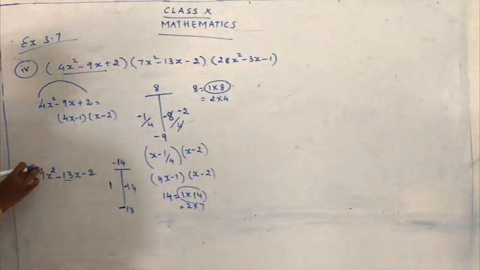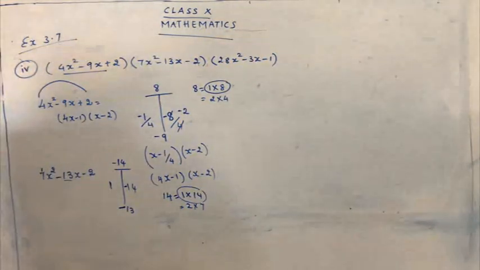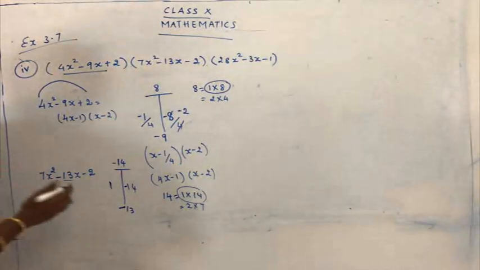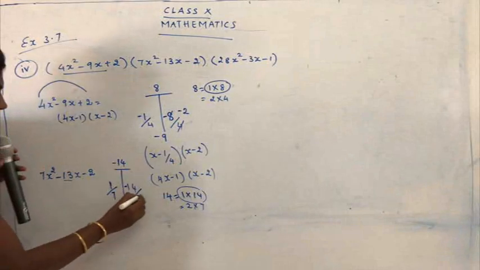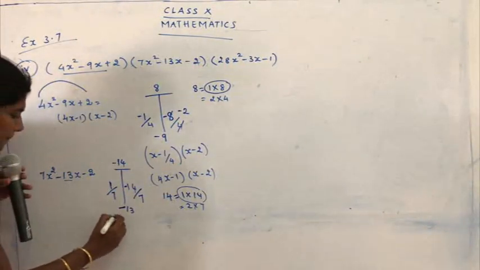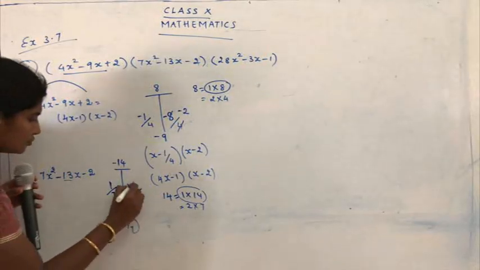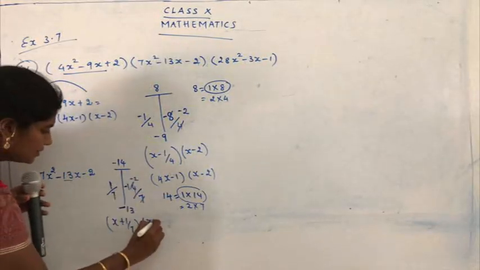So now what's the variable used here? It's x. Before we use the variable, just see the coefficient of x square. What's the coefficient of x square? It's 7. So we have to divide by 7. So what do you get here? x plus 1 by 7, and this is minus 2, x minus 2.